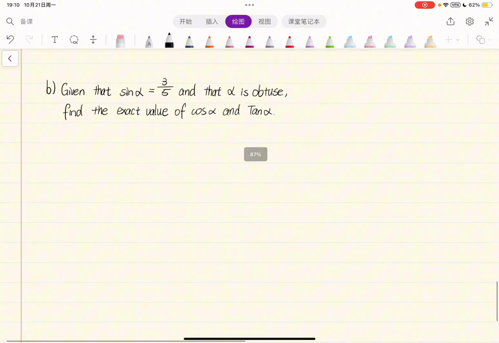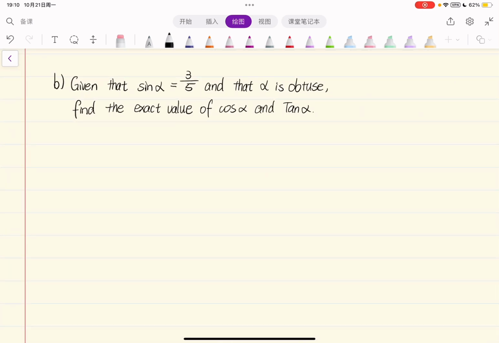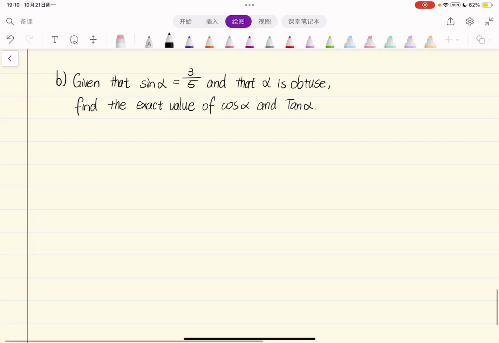Given that sine alpha equals 3 over 5 and that alpha is obtuse, find the exact value of cosine alpha and tangent alpha. So firstly, let us find cosine alpha. We know that sine squared alpha plus cosine squared alpha equals 1.